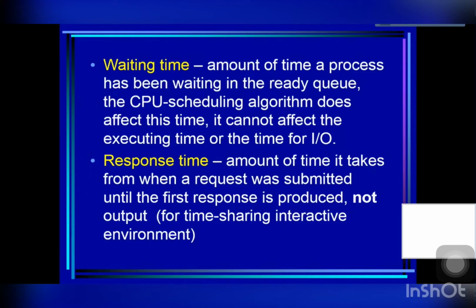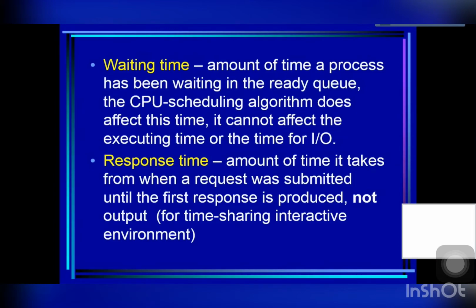Thus, another measure is the time from the submission of a request until the first response is produced. This measure, called response time, is the time it takes to start responding, not the time it takes to output the response. The turnaround time is generally limited by the speed of the output device.